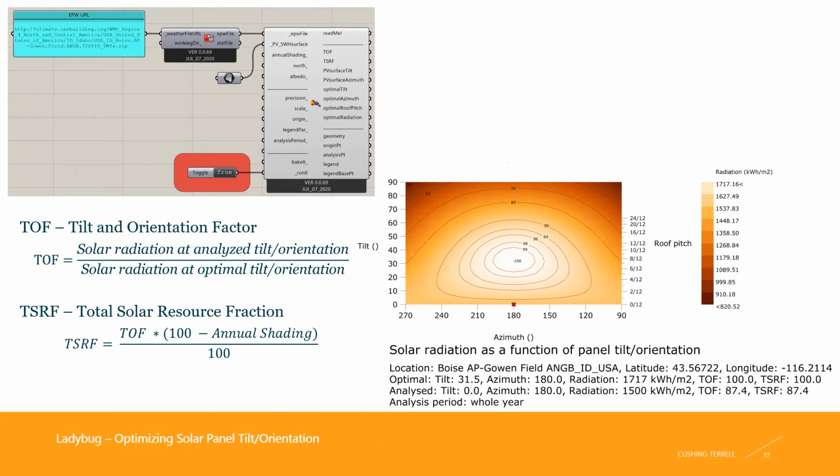If you have some shading data, you can plug that in, and that determines how much shading is going to impact that fraction. I didn't include any shading in this just to keep it simple, but that's also a thing there. I know there are some utilities where you have to have a total solar resource fraction above a certain percent if you want to get their incentive for solar panels.